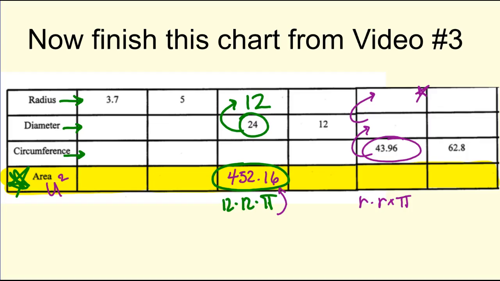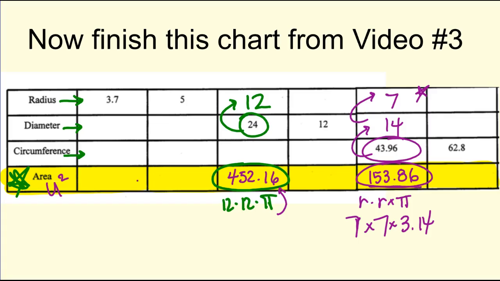So let's do that. 43.96 divided by pi. I get a diameter of 14. Cut that in half, a radius of 7. So to find the area here, I'm going to do 7 times pi. Whoops. There we go, 153.86 units squared.